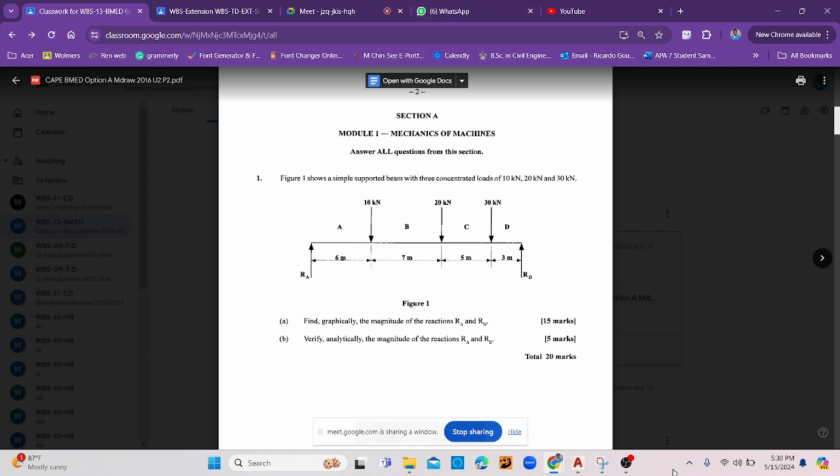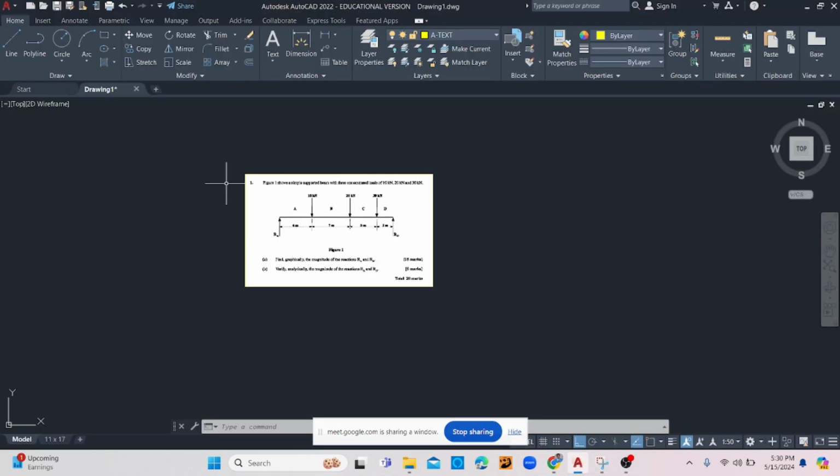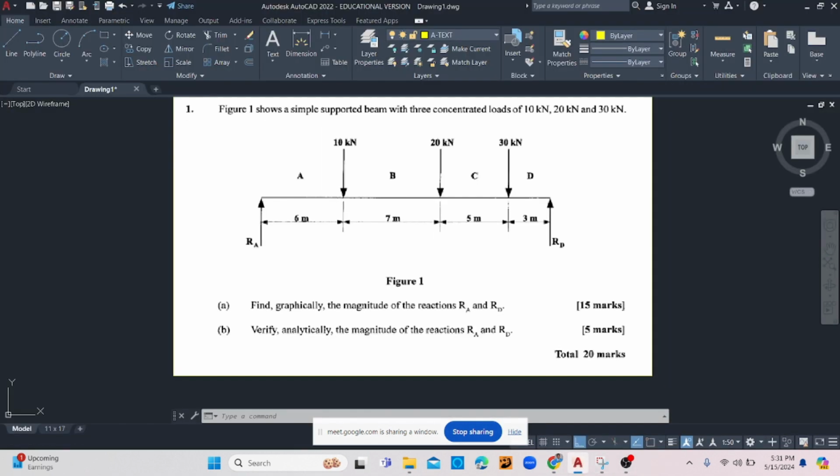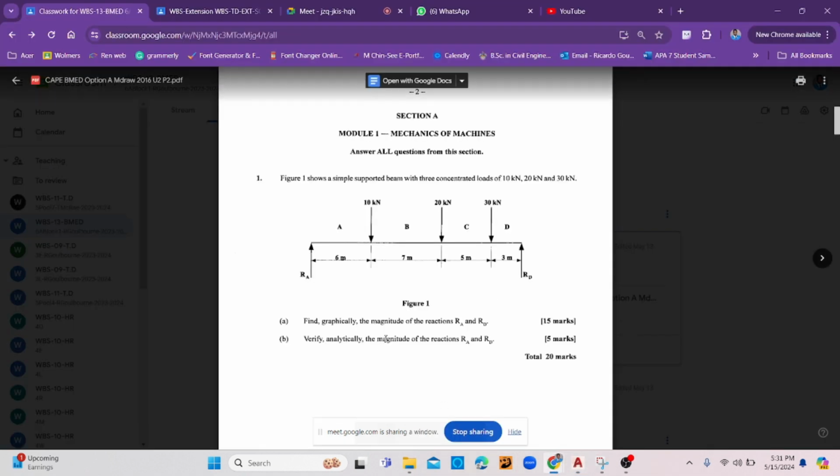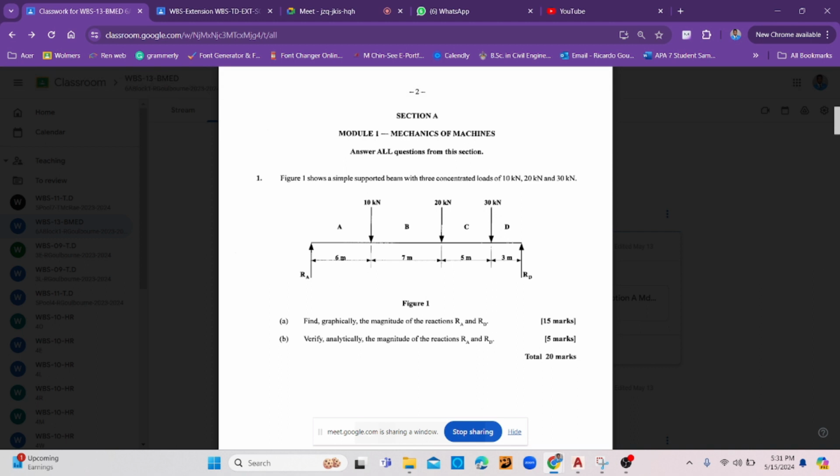Now it outlines the figure that you're probably seeing in the background there. You should be able to see this on the screen. If you remember what this is, it's basically a force diagram.